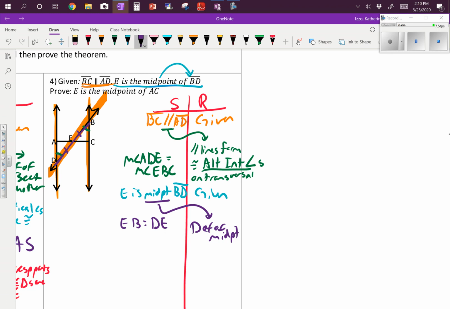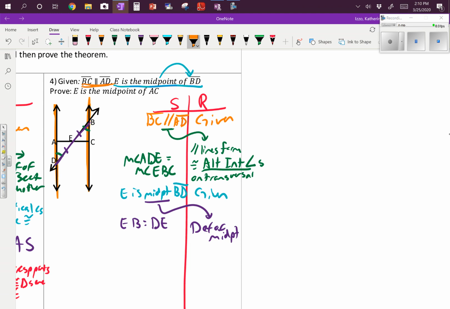Now, some of you are going in different directions at this point. Some of you look at this and say, oh my goodness, we only did one transversal. We can do another transversal over here. And yes, you could. Some of you are looking at this picture and saying, wait a second, there's vertical angles. Vertical angles are very important to me.